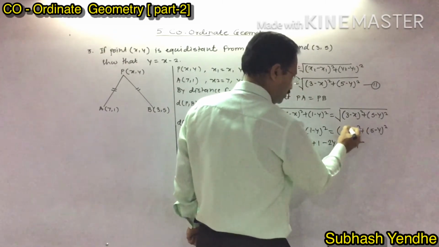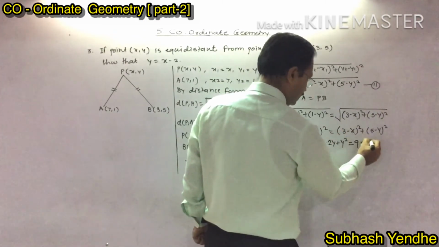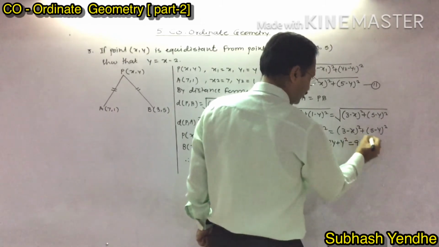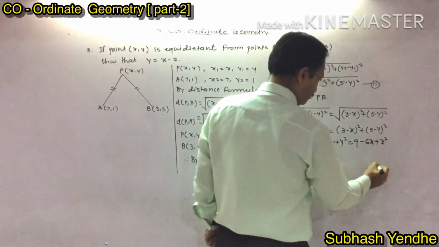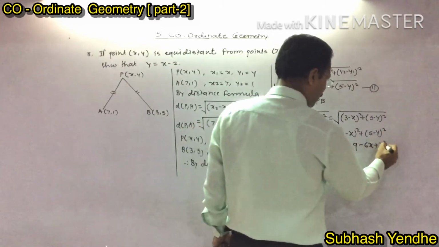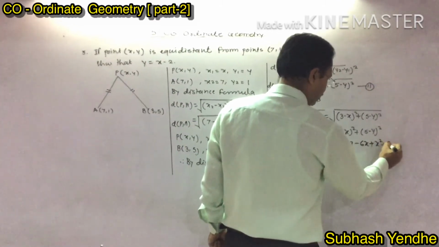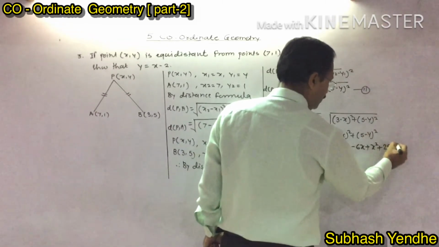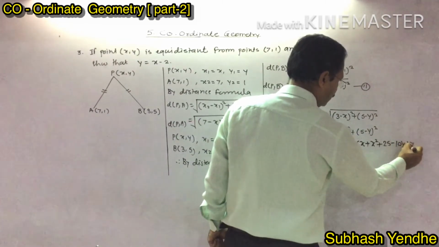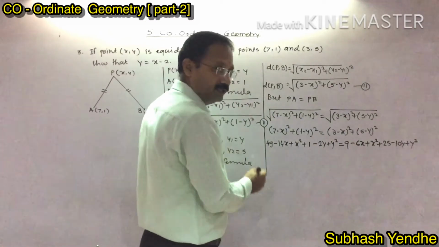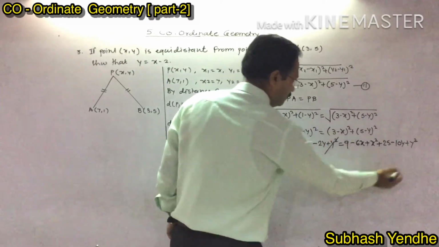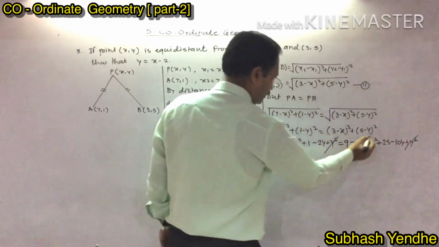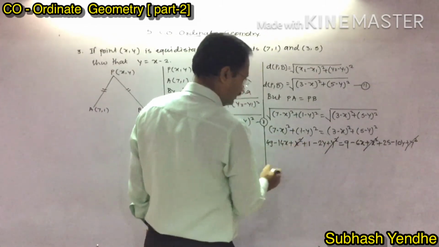Then minus 2 into 3, 6 into x. Minus x square is plus x square. Then plus 5 square is 25. Minus 2 into 5 is 10y plus y square. So here you can cancel y square and x square.